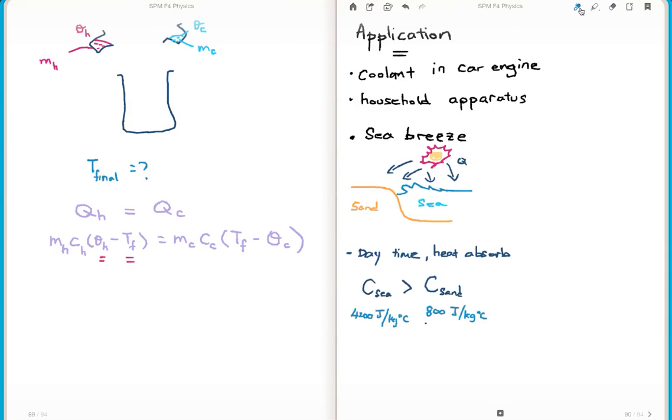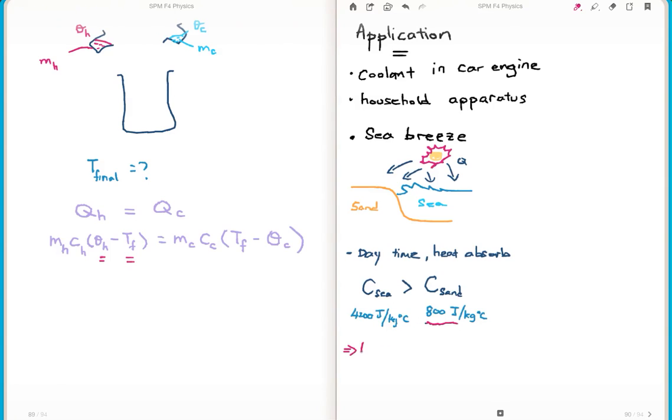Definitely your sand, isn't it? 800 joule is already 1 degree. Whereas for the sea, you need 4,200 joule to increase each kg by 1 degree. So definitely the sand will get warmer, isn't it?